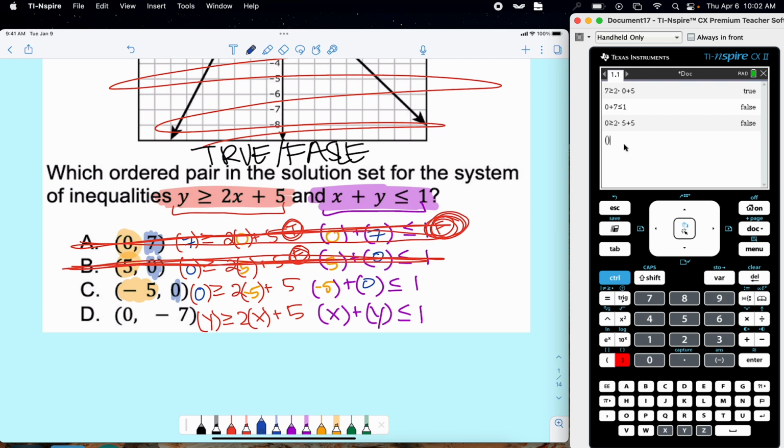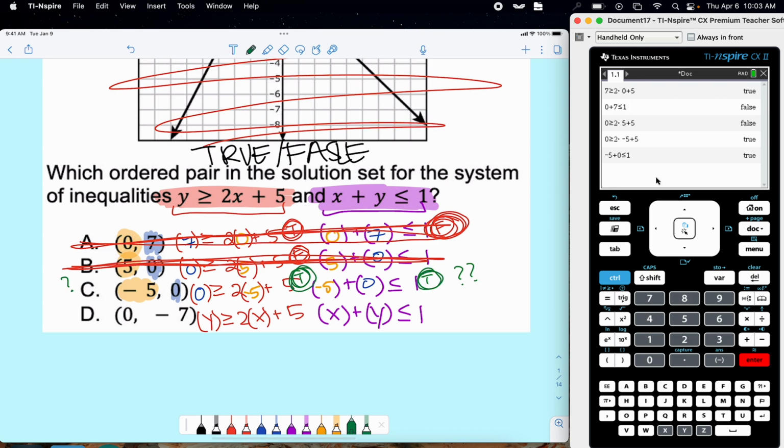We have 0, then control equals, get our symbol, 2 parentheses negative 5, plus 5, enter. That gave me true. So I'm going to try the other one. Parentheses negative 5 plus 0 less than or equal to 1, enter. That gave me true. So this could possibly be my answer because both of them are true.